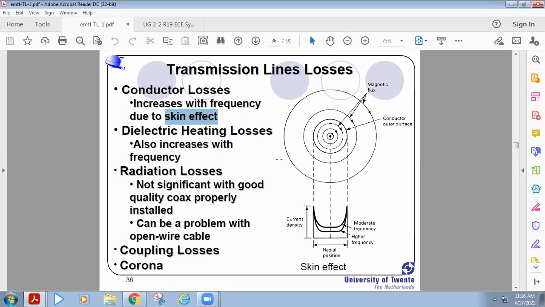Radiation losses increase with open wire cable, and if the conductor doesn't have any proper insulator on the surface.